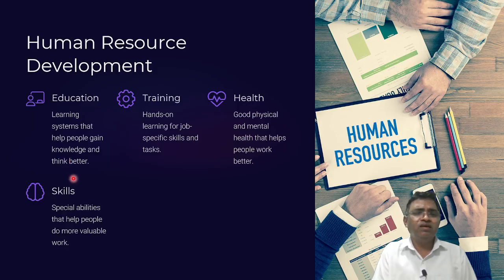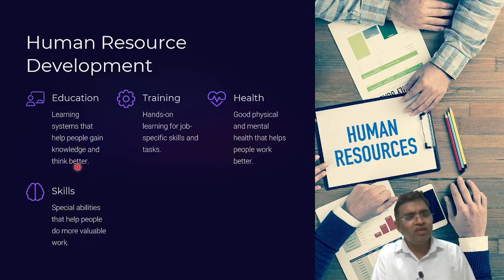If you are educated, you are able to think well and gain knowledge. Then training: hands-on learning for a job, specific skills and tasks. It is human resource development, which means you are developing the human being.